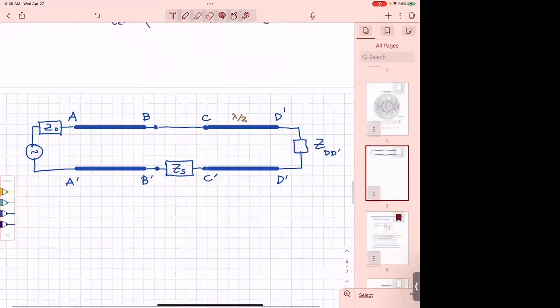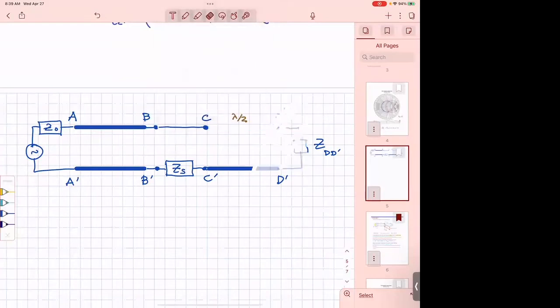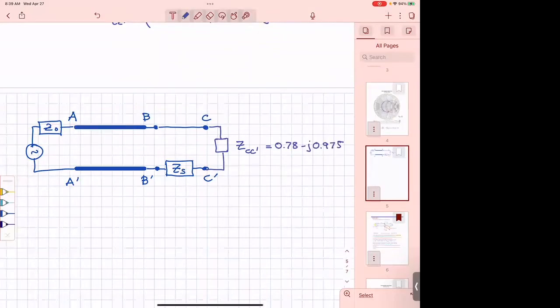And I said that now that I found that this ZDD prime is the same as CC prime, I can erase this part totally. I can erase it. It does not exist for me anymore. And then I place here my ZCC prime, which is 0.78 minus j0.975. Okay.